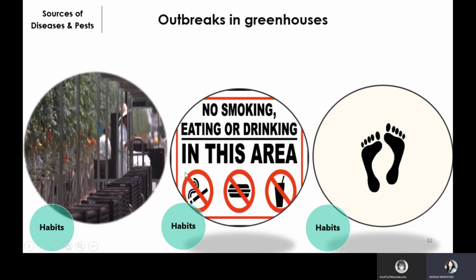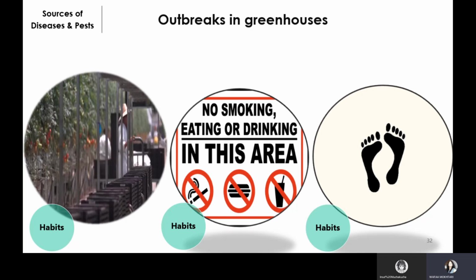Another habit that almost all of us think is not important, but actually it is, is smoking or eating inside the plantation area.